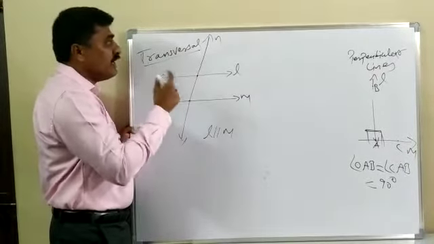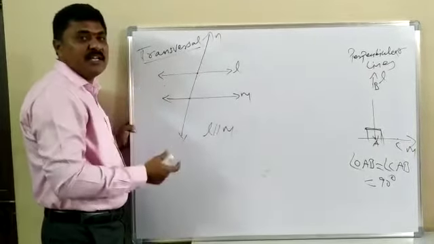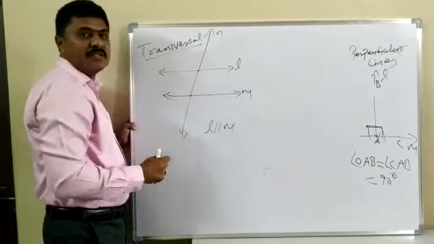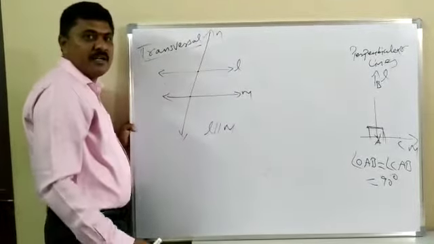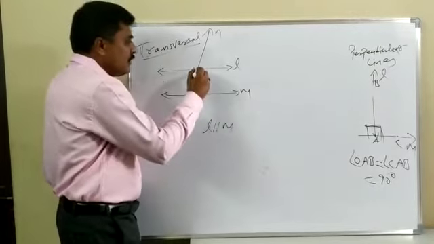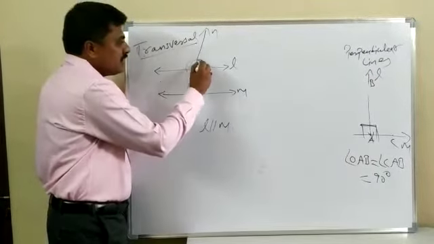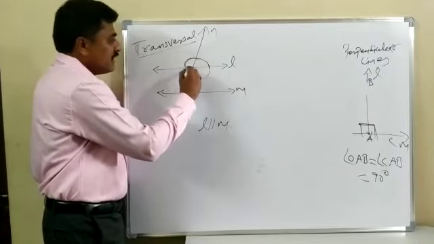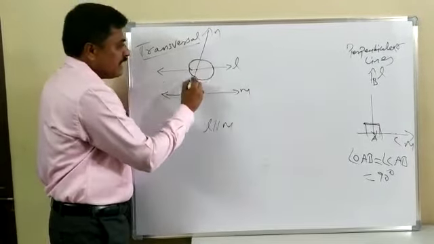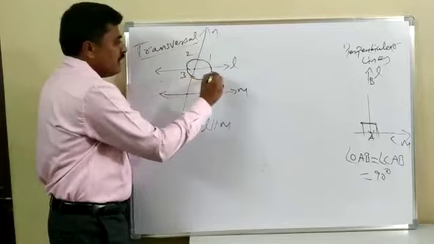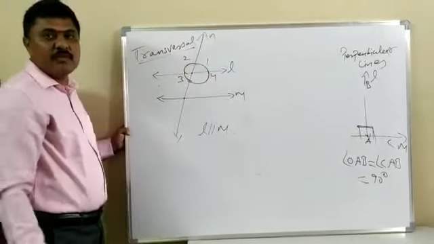Now, when this transversal intersects the parallel lines, 8 angles are formed. Here I am drawing one circle, meaning this is one angle, this is another angle, this is another angle here. 1, 2, 3, 4: 4 angles are formed.